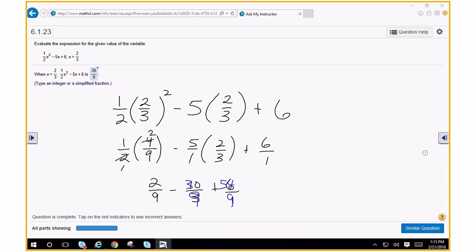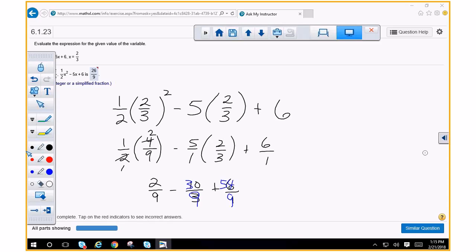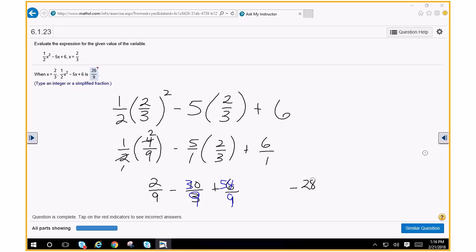So now just do your math. 2 minus 30 is -28. -28 plus 54 over 9. 26. Look, 26 looks right. That's it.